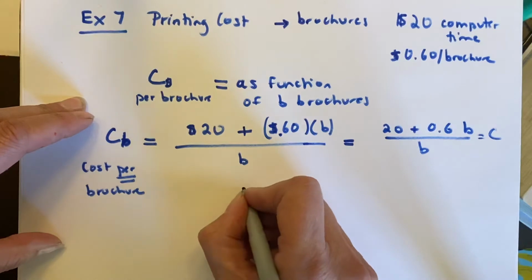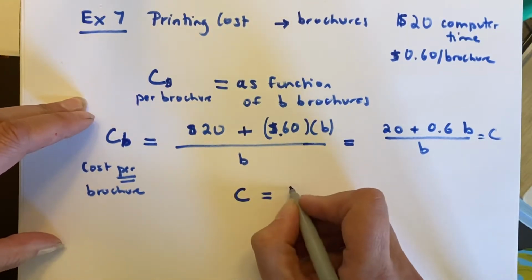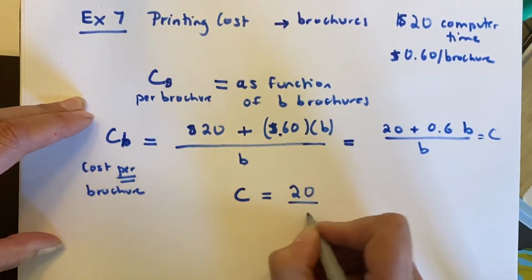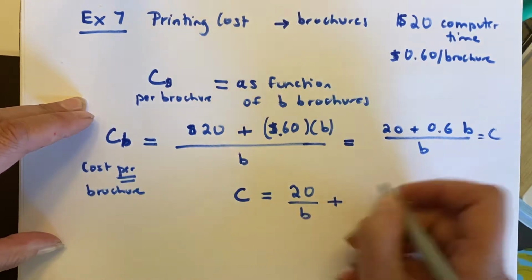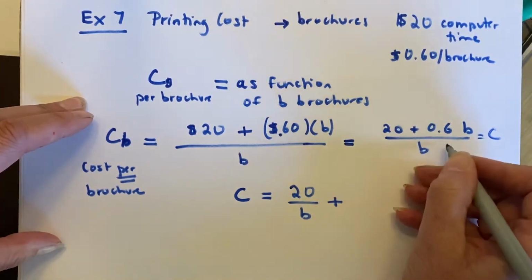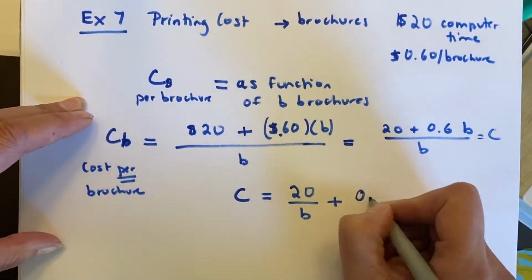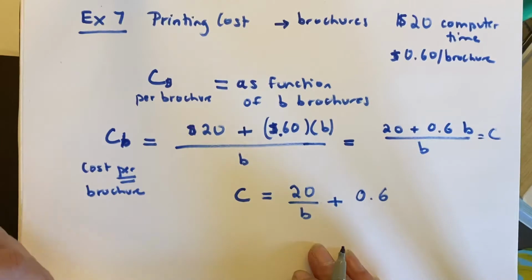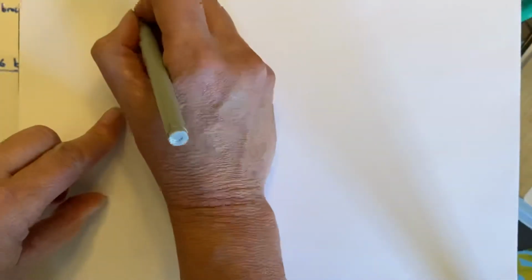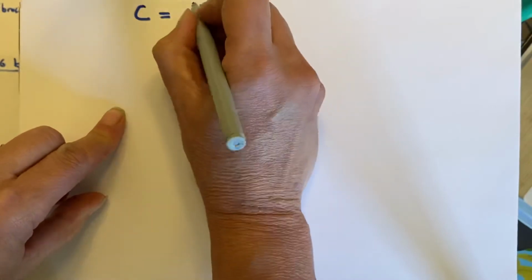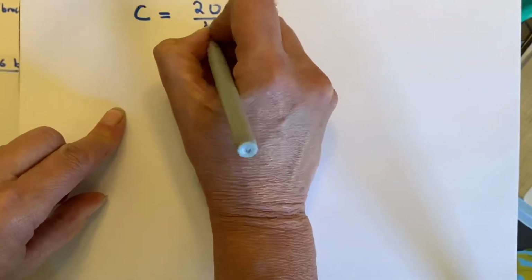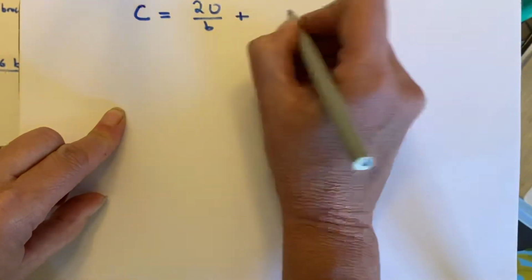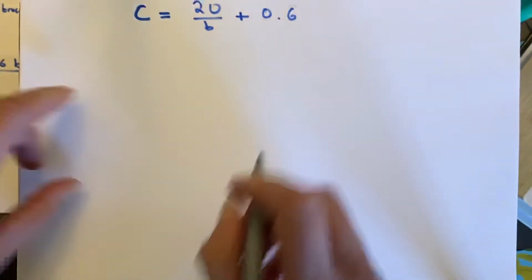I would say C equals 20 over B plus 0.6 B divided by B, which is just 0.6. And so I now have a rational function that I can graph. I'm going to rewrite it: C equals 20 over B plus 0.6.